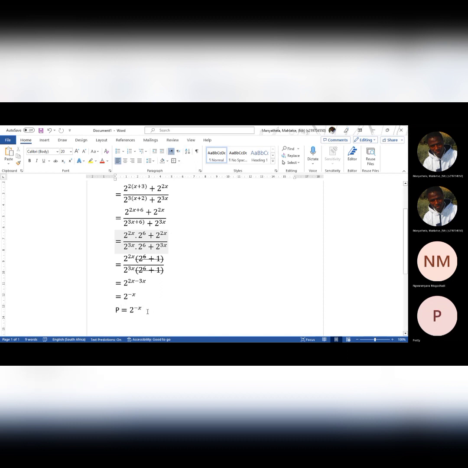If p is equal to 8, solve for x. If p is equal to 8, so we replace p with 8. Here, 8 gets in. If p is equal to 8, solve for x.